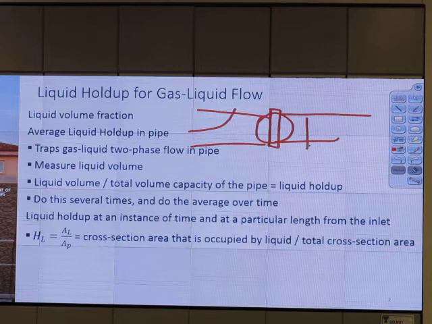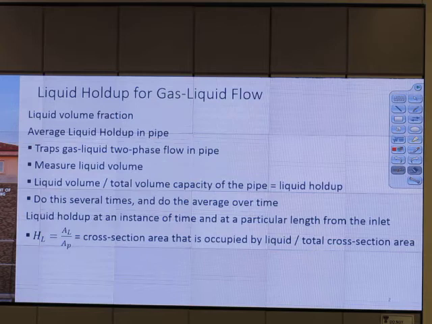So measurement is kind of tricky. Liquid hold up in different parts of the pipe is not the same. If it's a different time, it may not be the same either, right? So we can think about liquid hold up as area occupied by liquid divided by total area. Okay, that is liquid hold up.